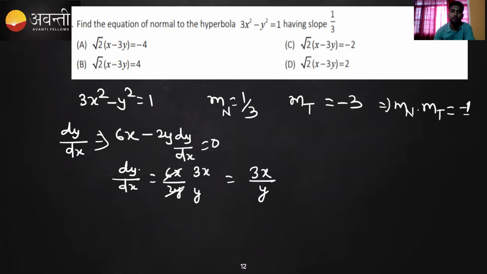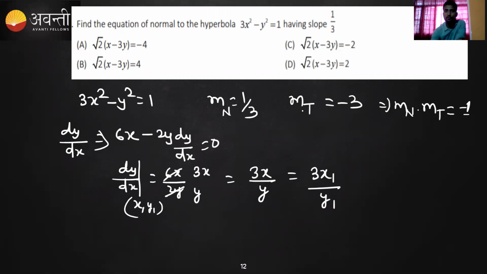So from here what we can write, I'm just assuming one point here, x1 and y1. So from here, what you can get? This is 3x1 divided by y1. Okay, guys, so this is the slope of the tangent.